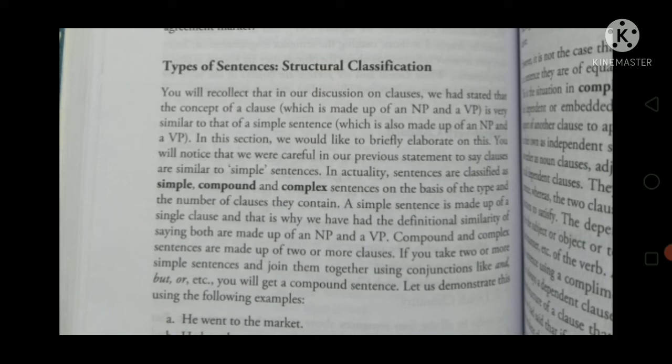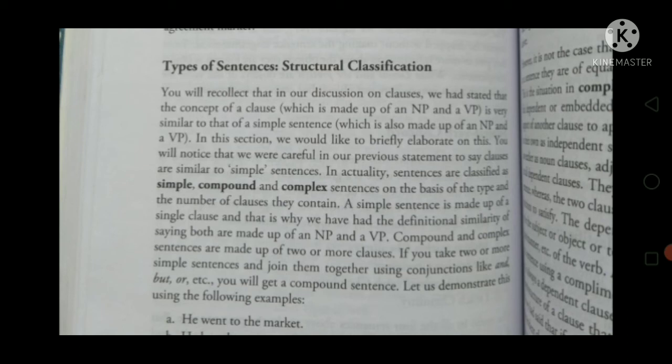In this section, we would like to briefly elaborate on this. You will notice that we were careful in our previous statement to say clauses are similar to simple sentences. In actuality, sentences are classified as simple, compound, and complex sentences. There are three kinds of sentences.